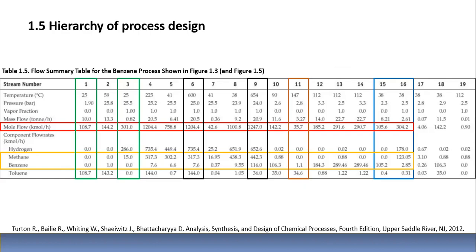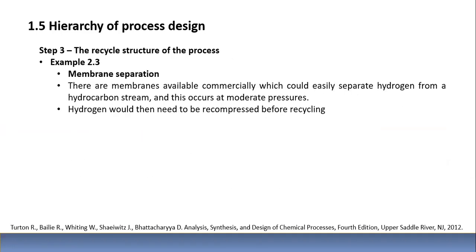So according to what we analyzed, that stream will also contain 1 point something kilomoles per hour of diphenyl. Since the amount in the same stream is very small in comparison to the amount of toluene, it is recommended not to modify the process, just to leave the process as it is.